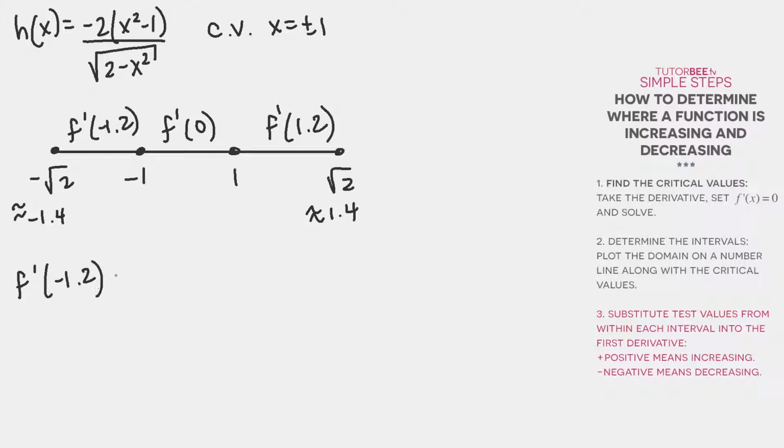If we put negative 1.2 into the first derivative, we get negative 2 times negative 1.2 squared minus 1, all over the square root of 2 minus 1.2 squared.